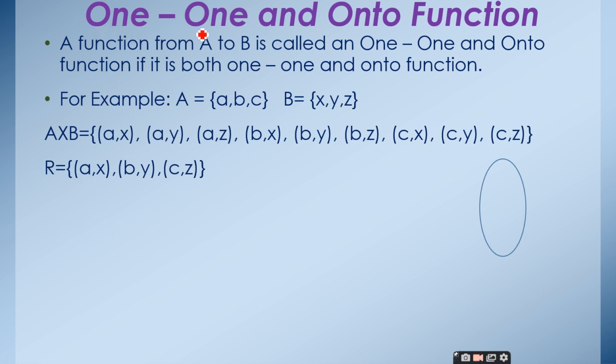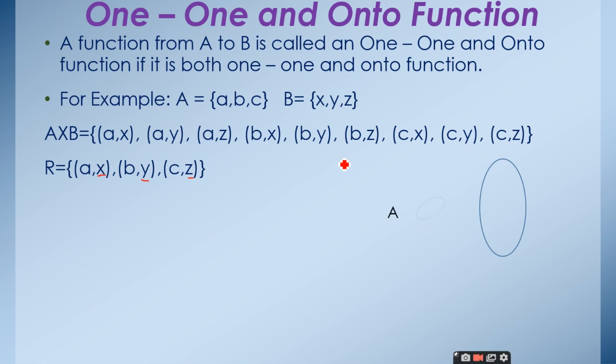According to the one-to-one condition, distinct elements of set A are associated with distinct elements of set B. As you can see, a is associated with x, b is associated with y and c is associated with z. And for the onto condition, the range of the relation is equal to set B. The range is x, y and z, and as you can see, set B is x, y and z.